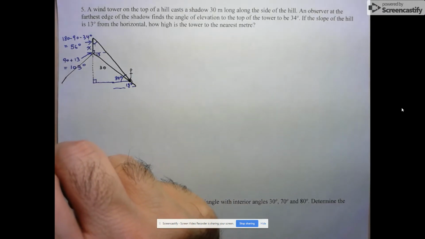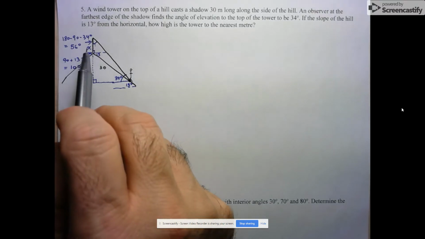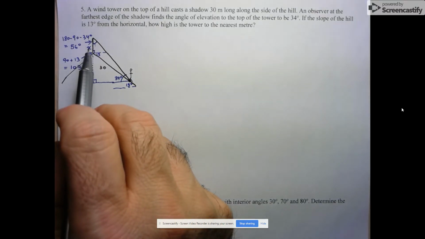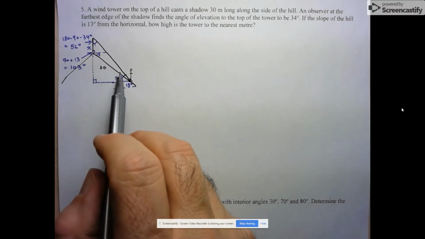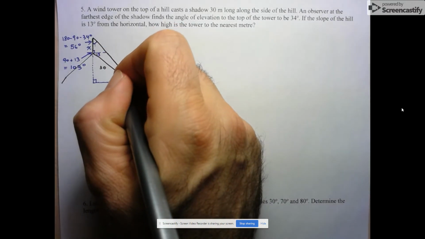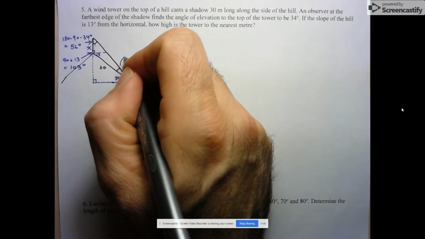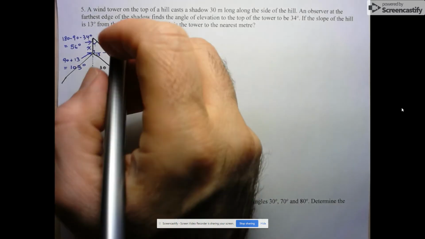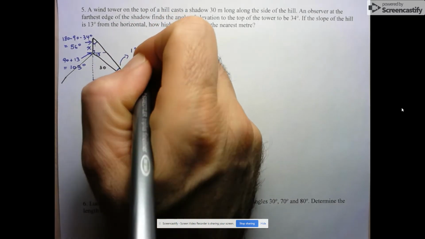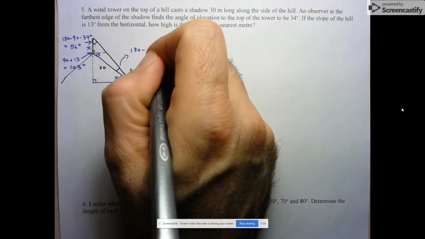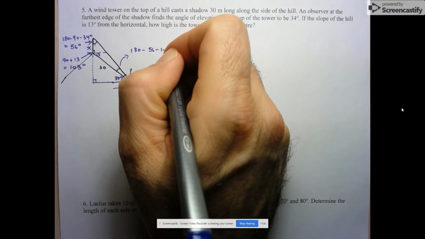All right. Now, I have 30, and I also know its opposite angle, this one here, 56. So I'm going to want to use sine law, except I'm going to need to work with this side length x. I'm going to need its opposite angle, which is that little one there. But of course, once we have two angles in a triangle, we can find the third. 180 minus the 56 and minus the 103.